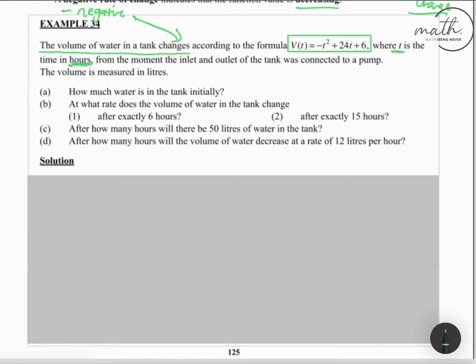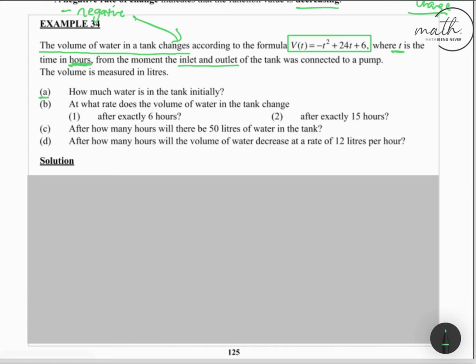So from the moment the inlet and outlet of the tank was connected to a pump, the volume is measured in liters. So you don't need to worry about a lot of things. You still have to find the first derivative at some point and do the usual thing, that is, substitute the t and get the rate. First question.